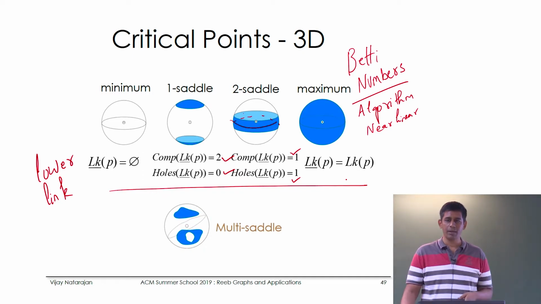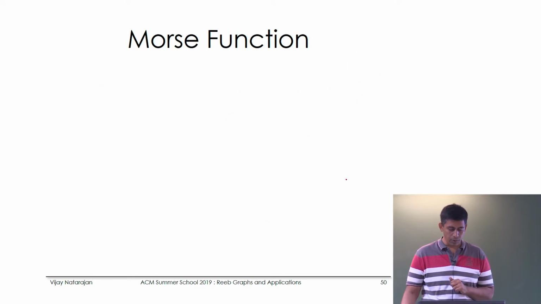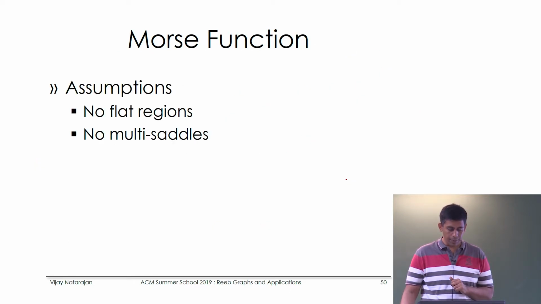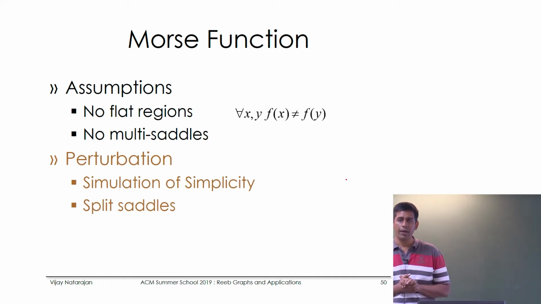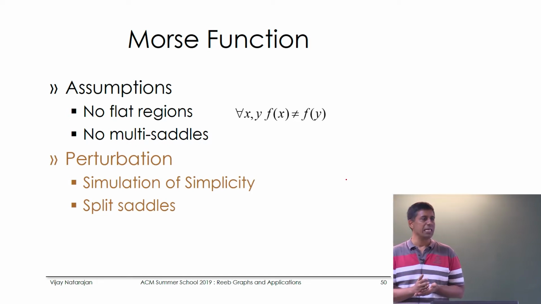So, again these things do show up. There are so called multi-saddles which do not fall under one of these nice simple cases, but we can handle them. Okay. So, to summarize, here are the assumptions we have made to move from the smooth case to the piecewise linear case.